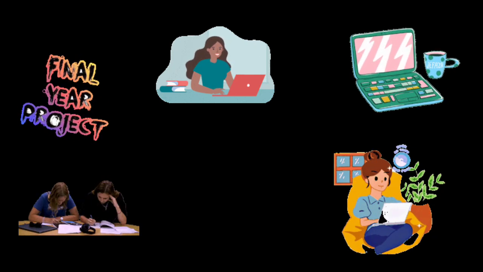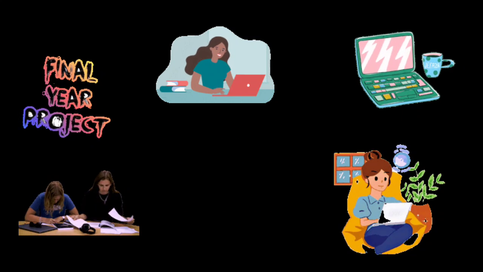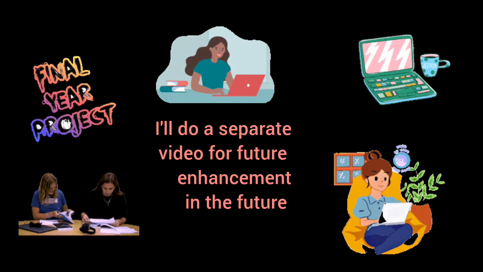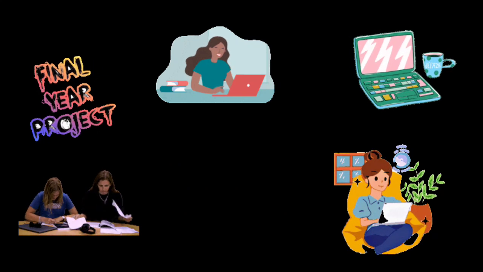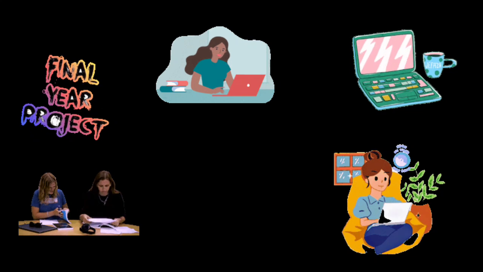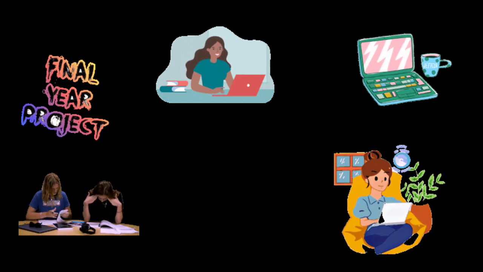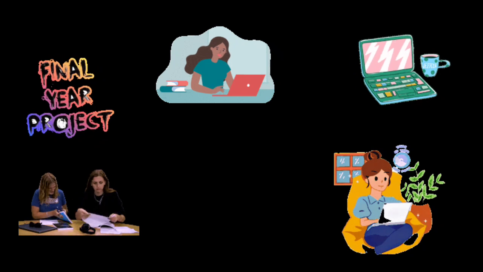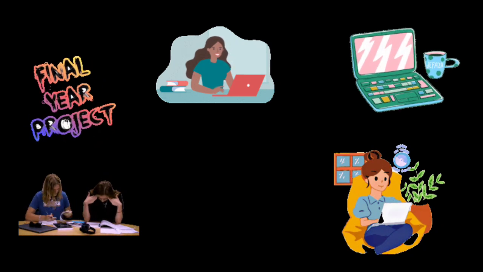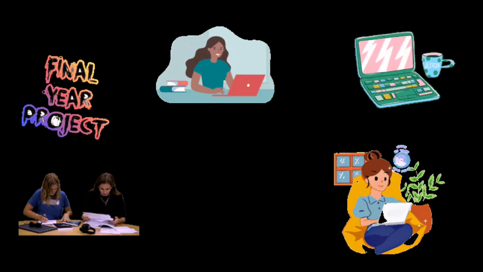And the future enhancement I wanted to do is, although I'm happy with how this project turned out, I still have many ideas that I would like to implement in the future. Some future improvements include integrating deep learning based face recognition models for better accuracy, supporting real-time CCTV camera streams instead of uploaded videos, deploying the application to the cloud, developing a mobile application, and improving the search and reporting features.